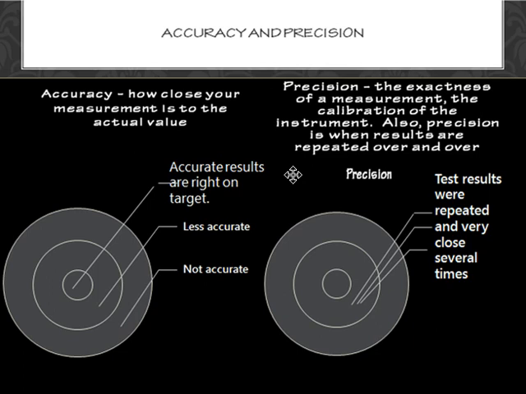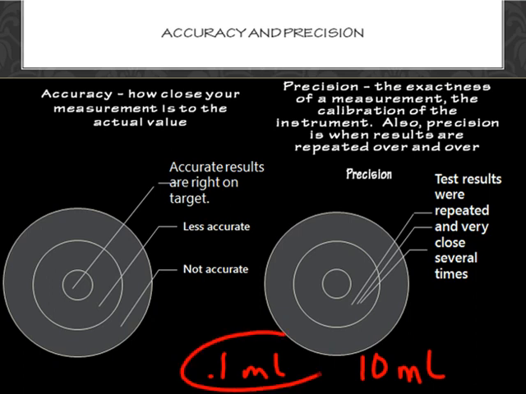If you have an instrument like a graduated cylinder that measures 0.1 milliliters, versus a big fat graduated cylinder where each line represents 10 milliliters, then the first one is more precise than the bigger one, because its calibrations are of much smaller units. Precision is also one other thing: if you repeat your results over and over, very close to each other, you have a close cluster, and that is also precision.